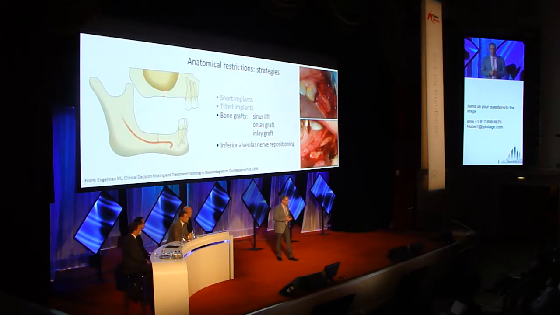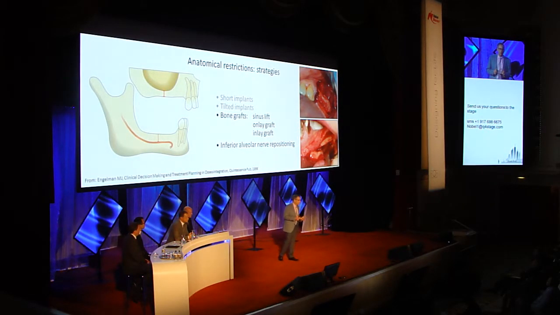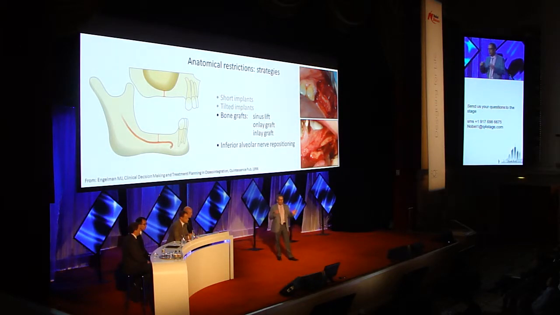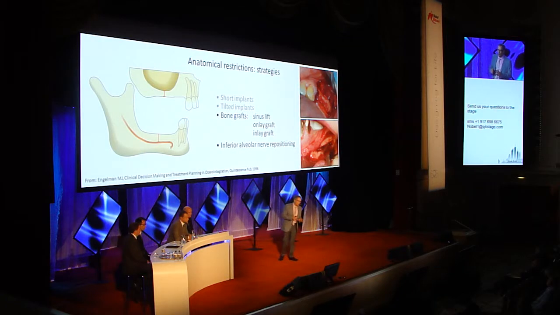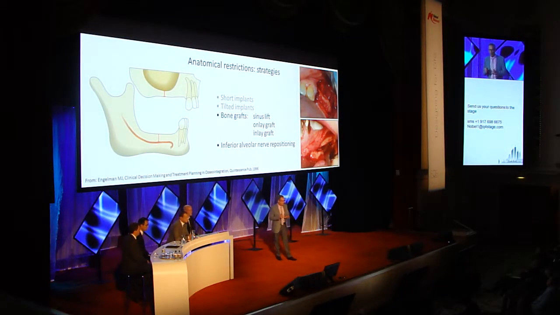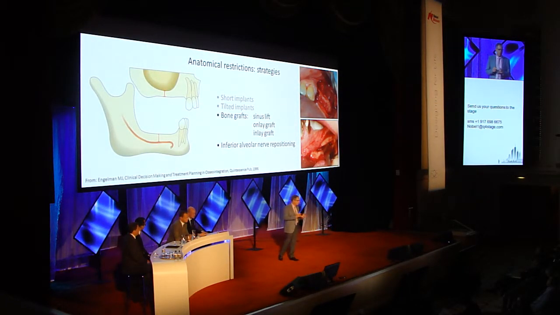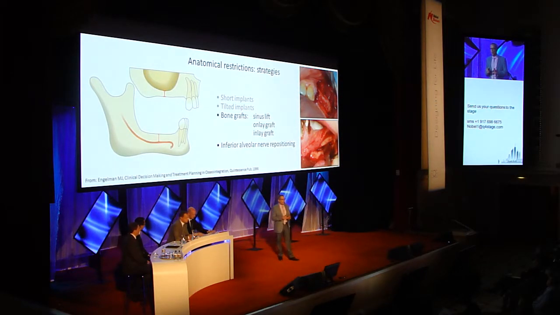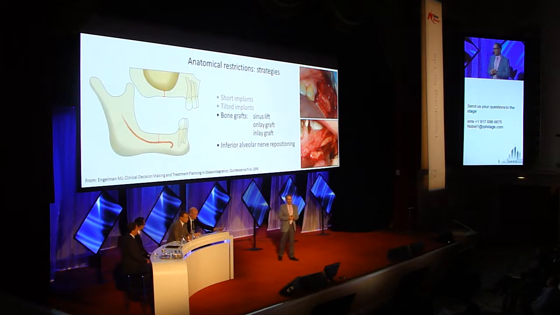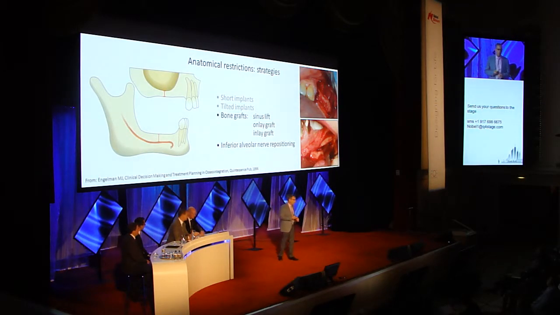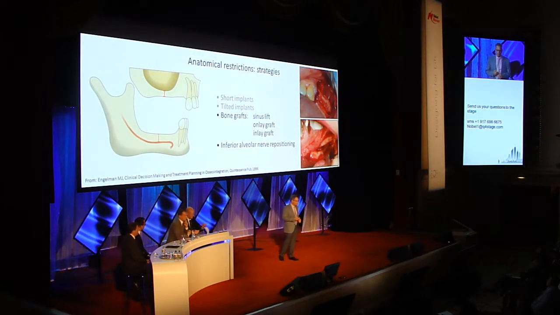And even if we can use short implants or tilted implants to overcome those problems, surgical procedures are often needed and add to the complexity of the treatment. Considering what I just said about patient fears, we understand again why many of them refuse that type of treatment.